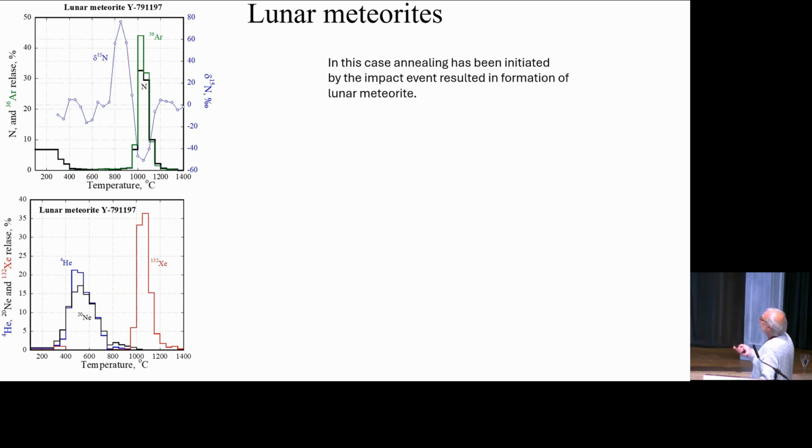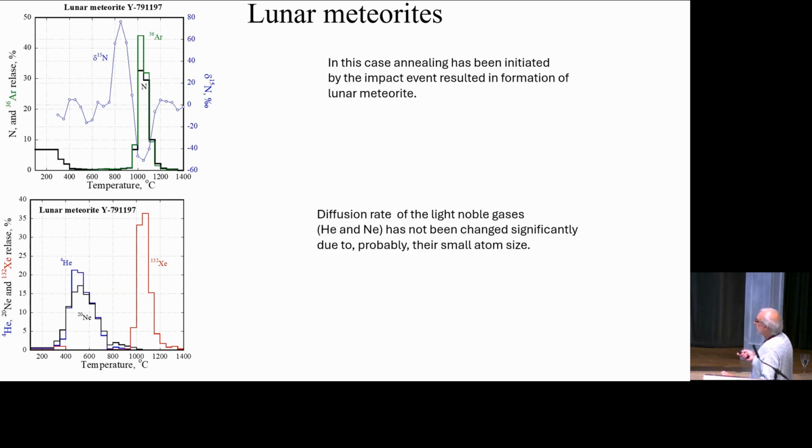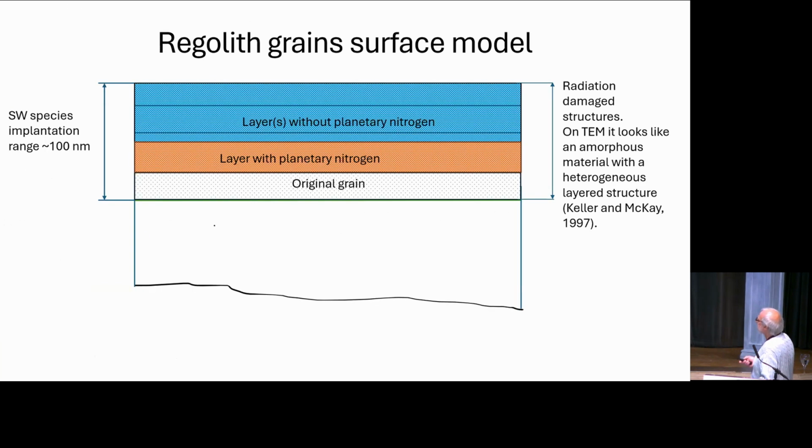The reason for that is annealing that happened during the impact event in which the lunar meteorite was produced. Helium and neon are also shifted to higher temperature, but maybe that's not important.